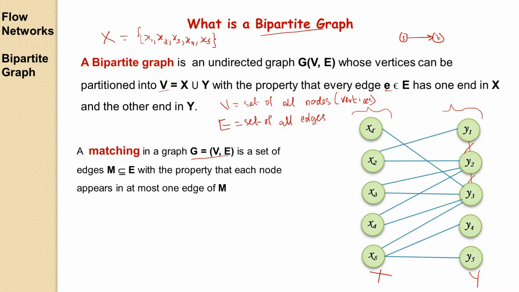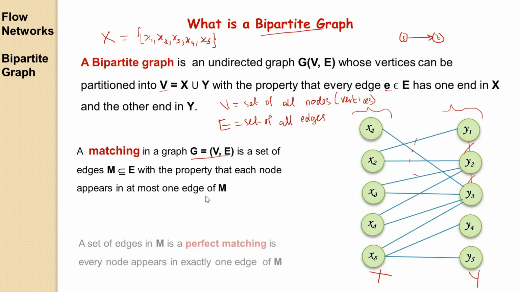So all these edges constitute a match. If we have edges like this, it's called matching, right? Good. Of course, if we just take 1, 2, 3 edges, this is also a matching, right? Good. So let's move to the next item.